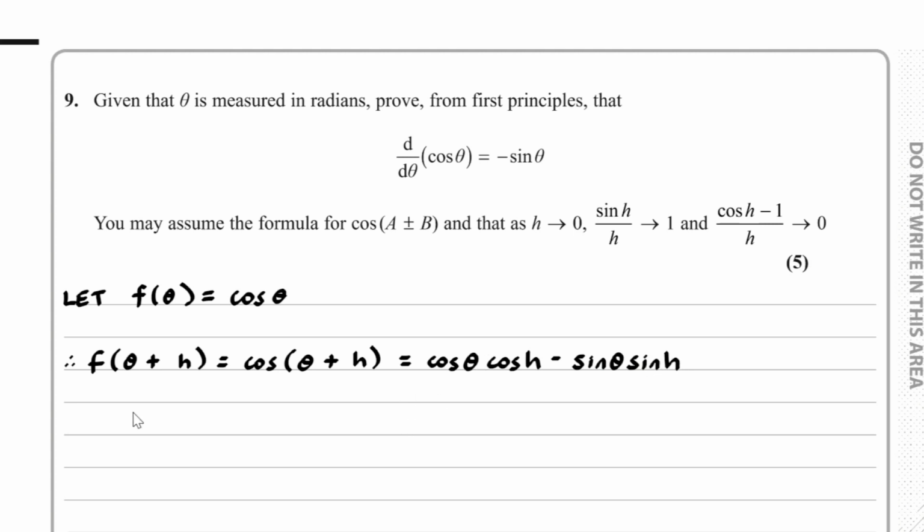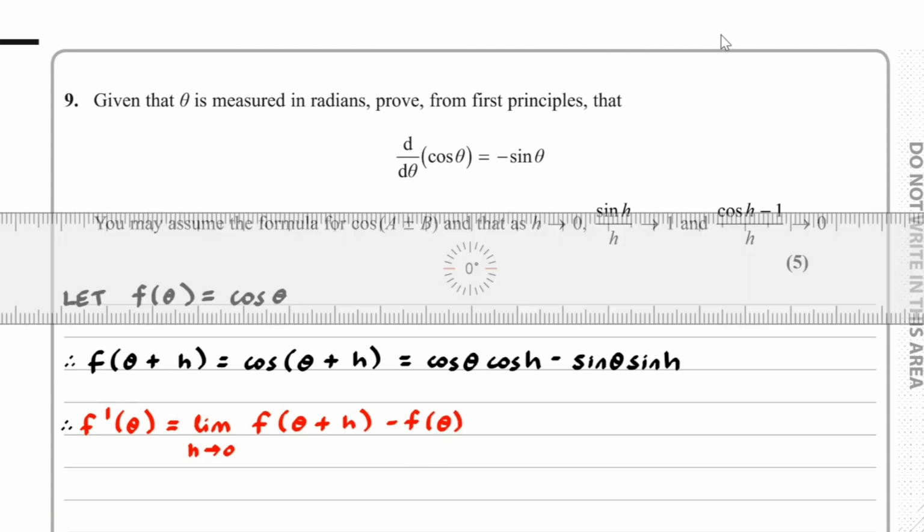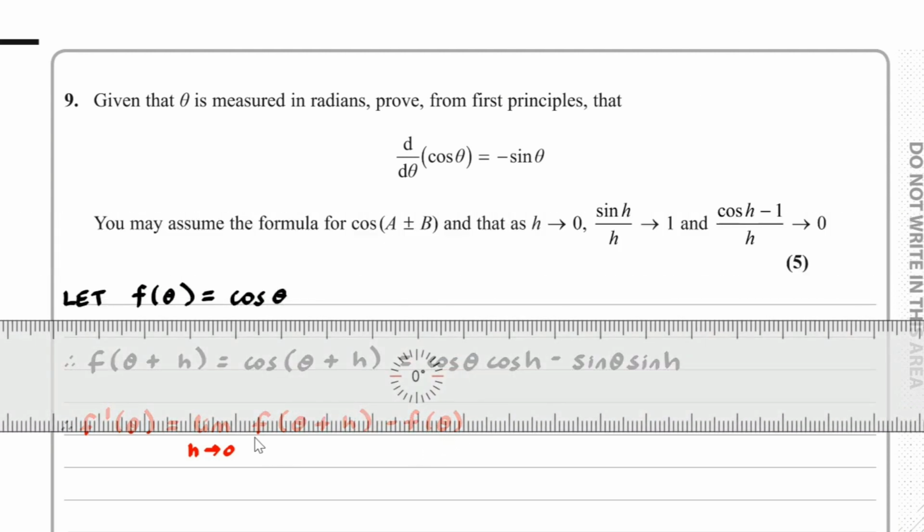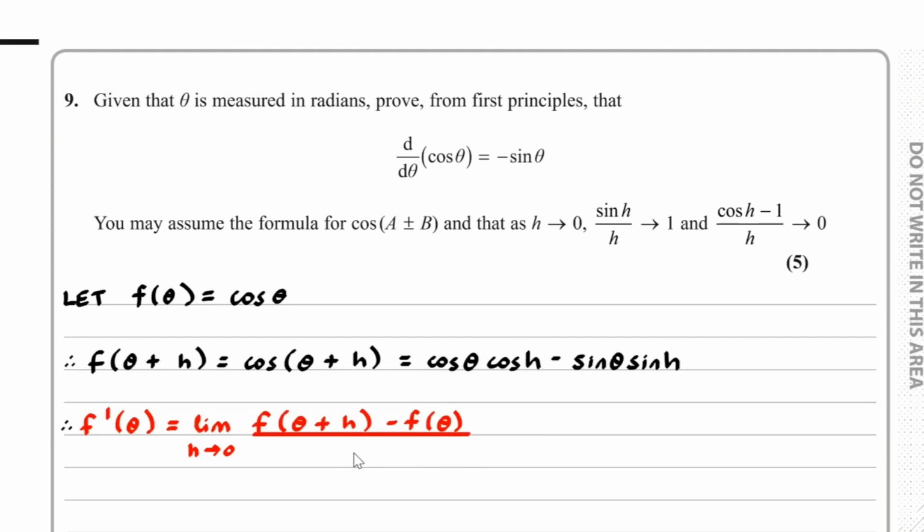And so therefore we know that f dash of theta is given by the limit as h tends towards 0 of f of theta plus h minus f of theta, over h.